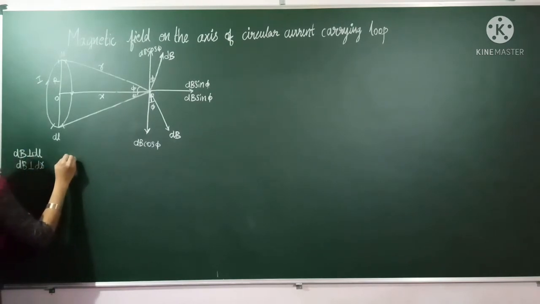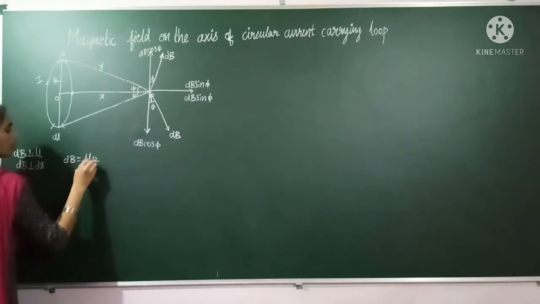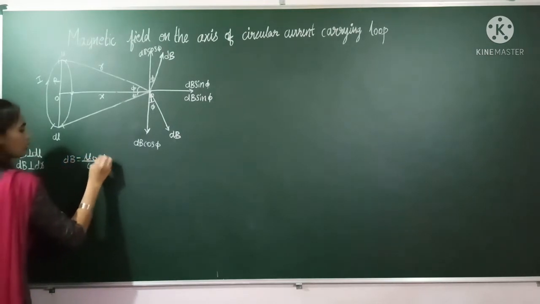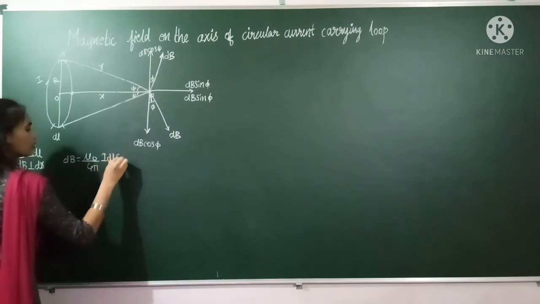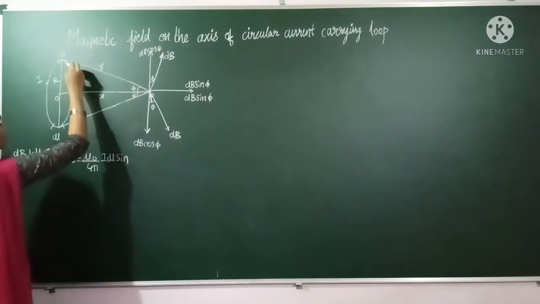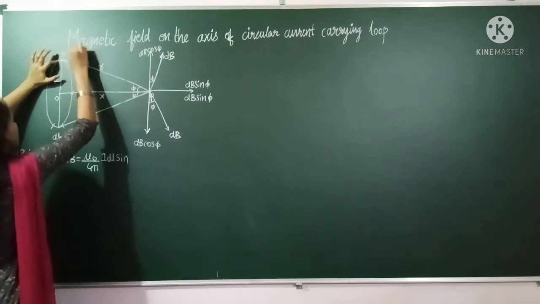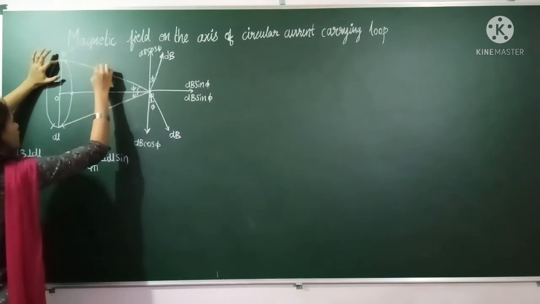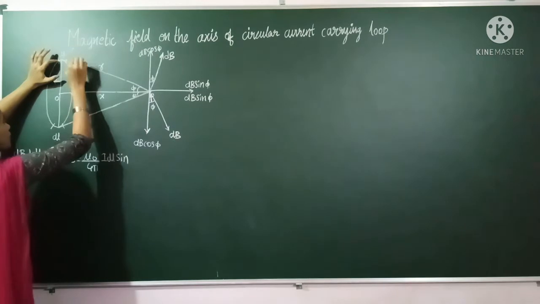We will apply the Biot-Savart law, that is dB equals mu naught divided by 4 pi, I into dl sin theta. How much will we take? We will take 90 degrees, because this is the direction of the current element and this is the direction of r, and the angle between these two is 90 degrees.